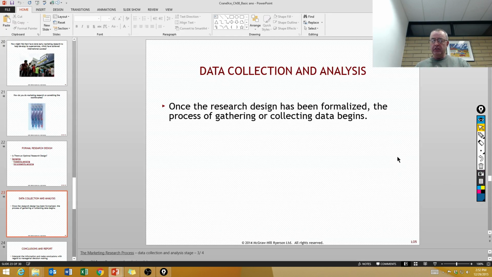And as the book mentions, the data collection stage is a large source of error in the marketing research process, because either we haven't selected the right sample members from our population, or we make errors in recording the observations. So if the people we're surveying do not tell us truthful answers, then obviously we're going to have errors in our results.